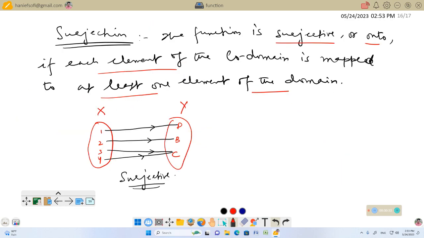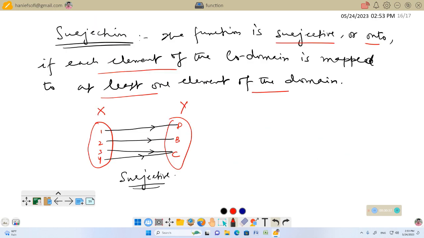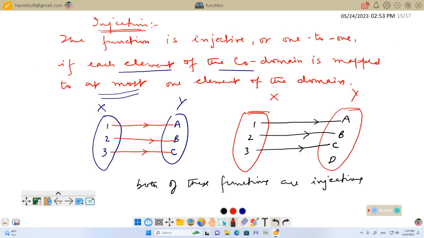Let me give you a further thing. Sorry, when we say injection, there can be some element in the codomain which is not connected.